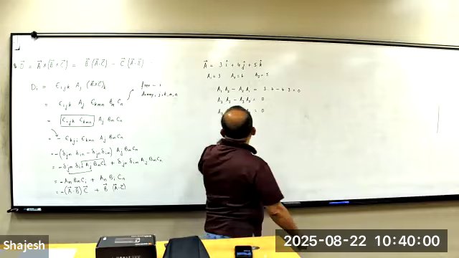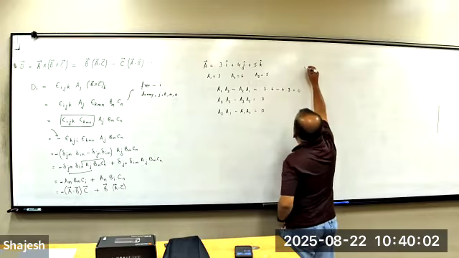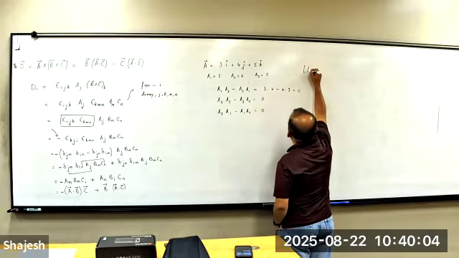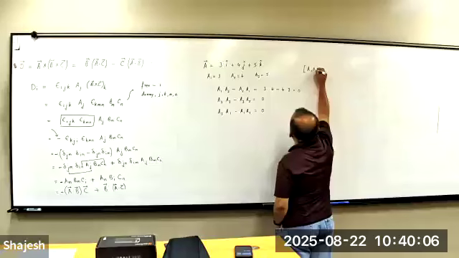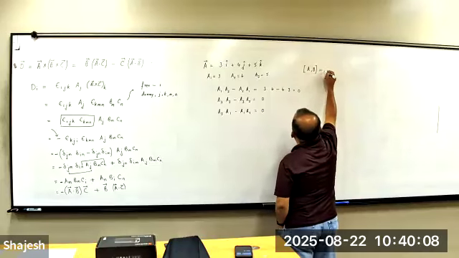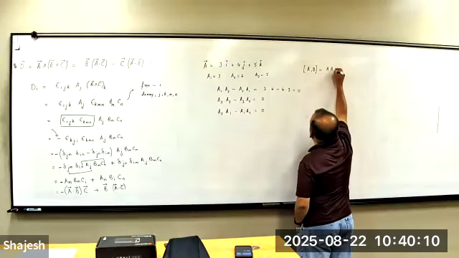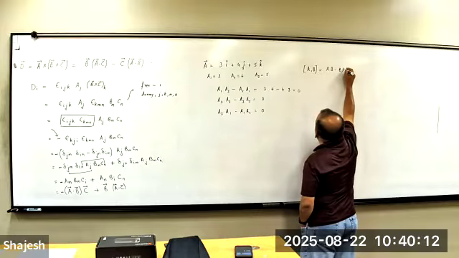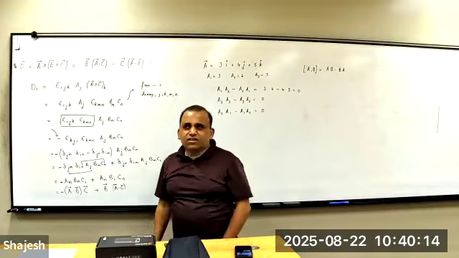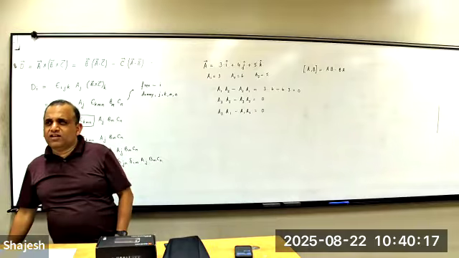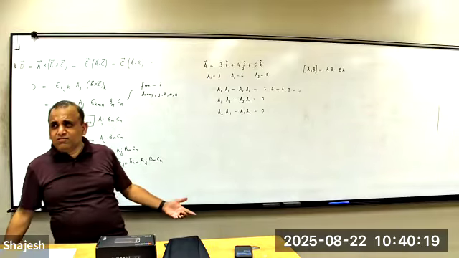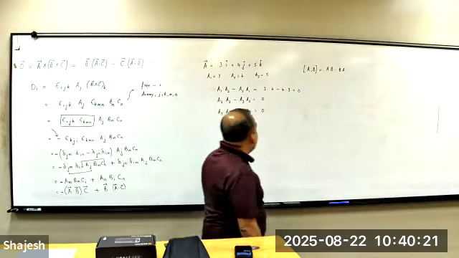So I'm going to define an operation which means [A, B] equal to A times B minus B times A. Where do you see that? Where have you seen that kind of operation before? Quantum mechanics, right?